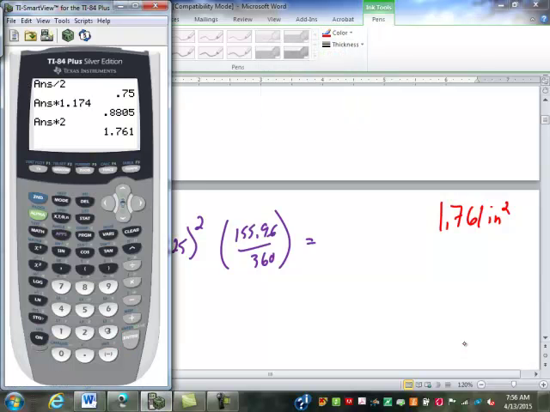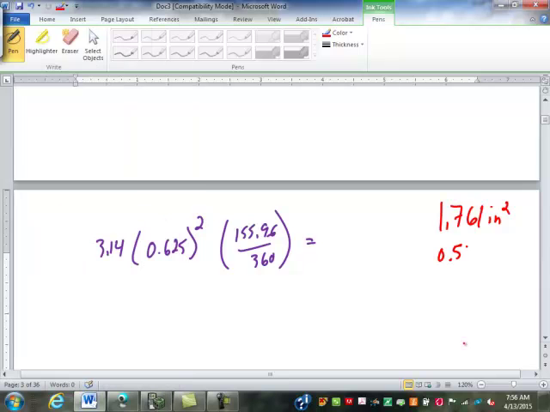So 3.14 times 0.625 squared times 155.96 divided by 360. 0.531 it looks like we're getting. Square inches.